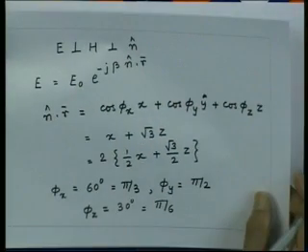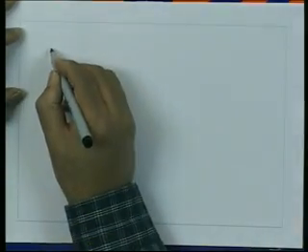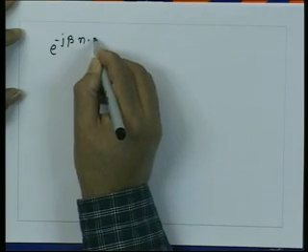Now, to find out the frequency and the velocity of the wave, essentially we have to find out the propagation constant beta, and for that again we take this term, which is the phase term, and we do some rearrangement so that we can get this quantity, the propagation constant beta. So, the phase function which is given there is e to the power minus j beta into n dot r.